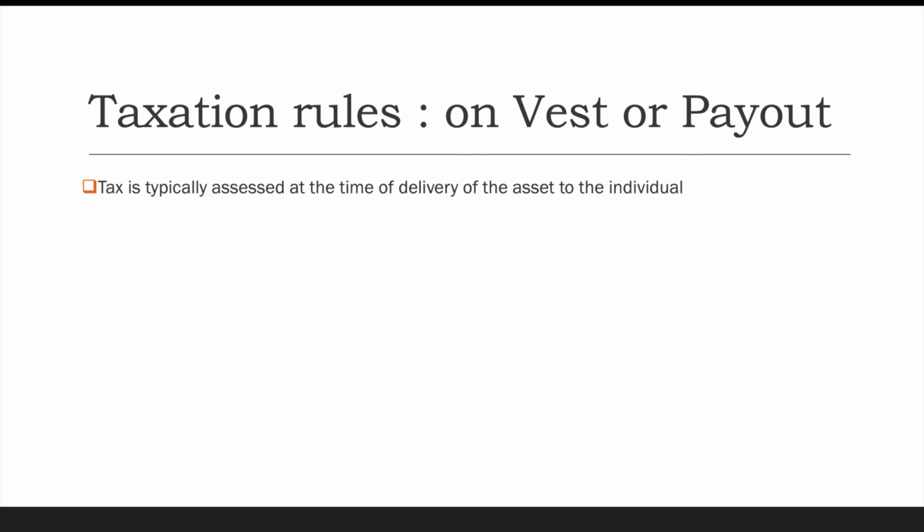That's the reason why in ESOPs, taxation happens when the employee chooses to exercise, because that's the time when the option is converted to a share and a share is delivered to the individual. Similarly, in a phantom stock, it might be the payout of the amount in lieu of the award. So the time of delivery of the asset to the individual is what would govern taxation.